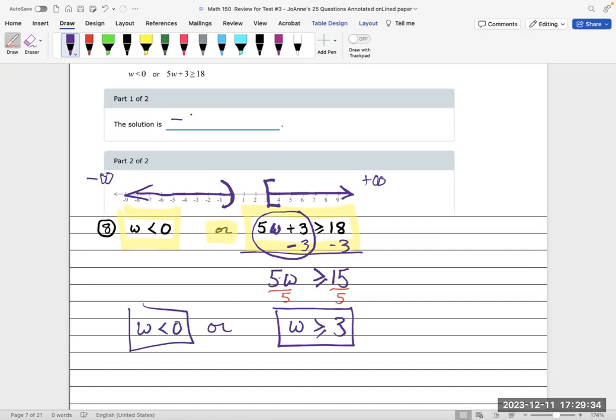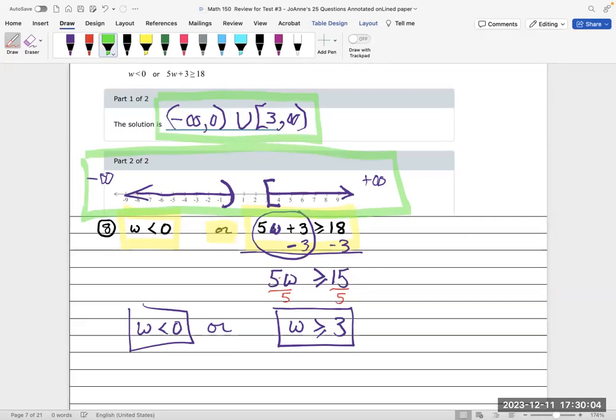So when I write my interval notation, it's negative infinity, and we always have a parenthesis by positive or negative infinity because it's not an actual number. And then a bracket here for my 3 to show that 3 would make the equation true. And then positive infinity, meaning everything bigger than. So here's my set builder. Here is my graph.